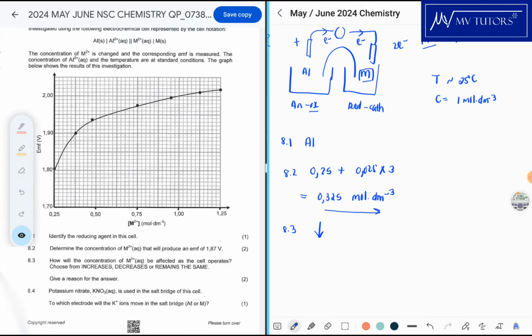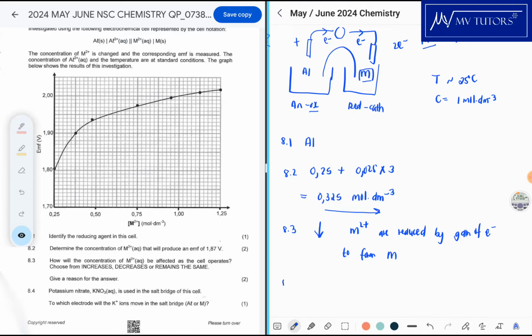If I were to write this down, I would say that the M2+ ions are reduced by the gain of electrons to form M, the metal M.